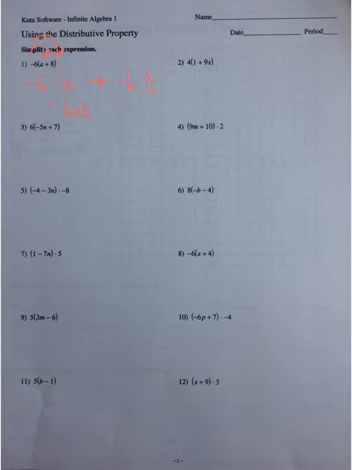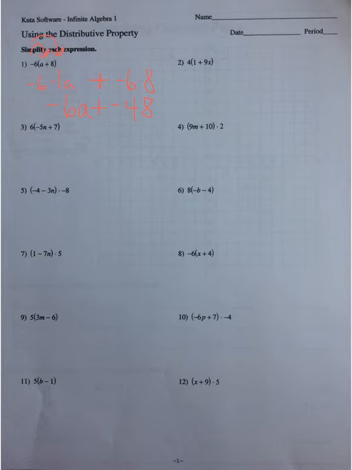So the -6 is being multiplied by everything. And -6 times 8 is going to be a -48.